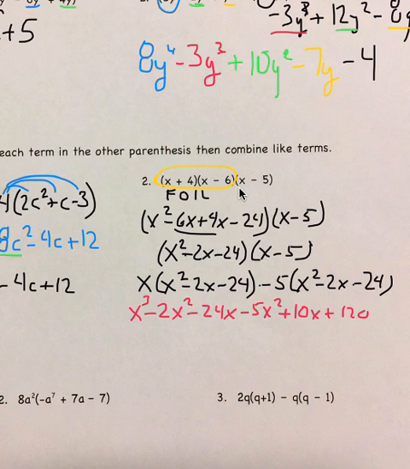And then we can combine. We have the x squareds and we have x's. So when we do that, we're going to have x cubed minus 7x squared by looking at what combines. And then we have minus 14x plus 120.